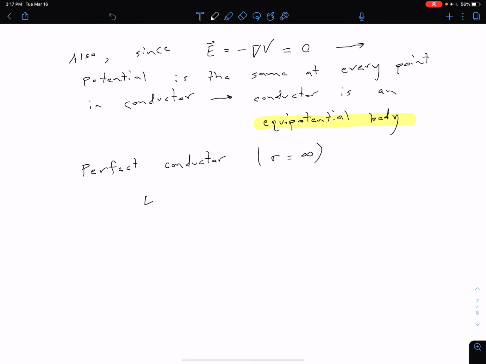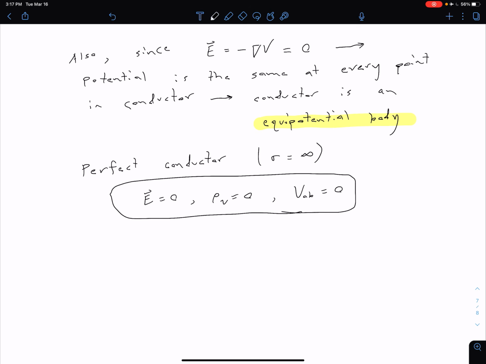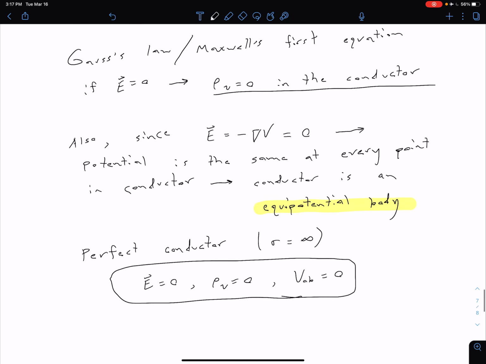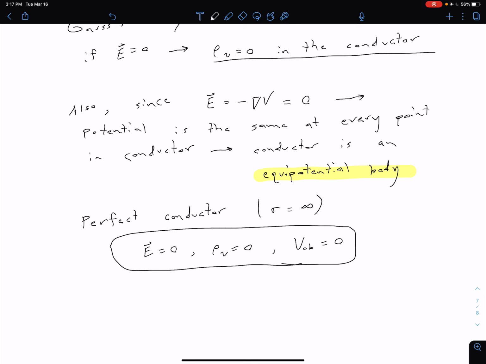In that case, E is equal to 0 inside our conductor, rho v is equal to 0 inside our conductor, and VAB is equal to 0, where A and B are just any 2 points in our conductor. For instance, coming back up here, this is point A, this is point B, and we could say other points, C, D, any points in there, the voltage between those points is going to be 0.